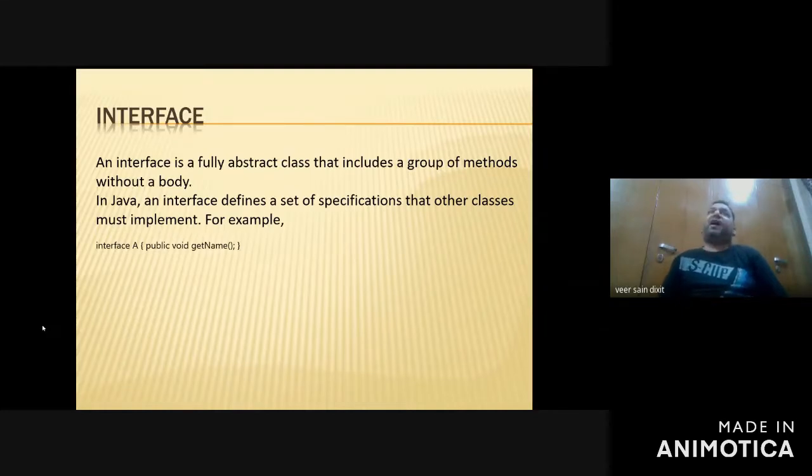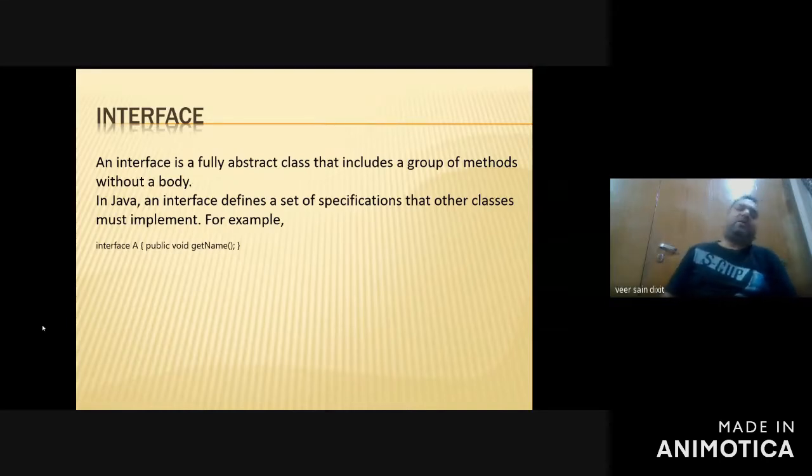The main difference is that interfaces are a collection of declarations of constant variables and abstract methods. Interfaces will have all the methods of type abstract, while in an abstract class, you will have some abstract methods as well as some regular methods.